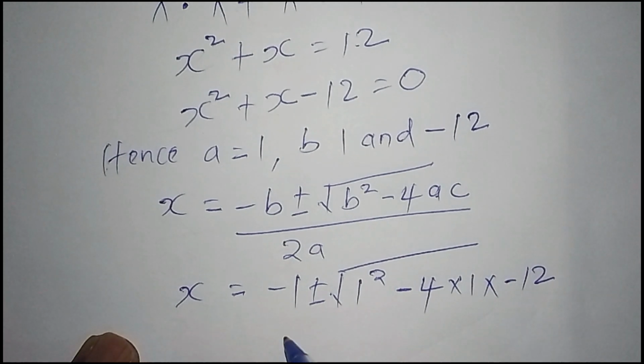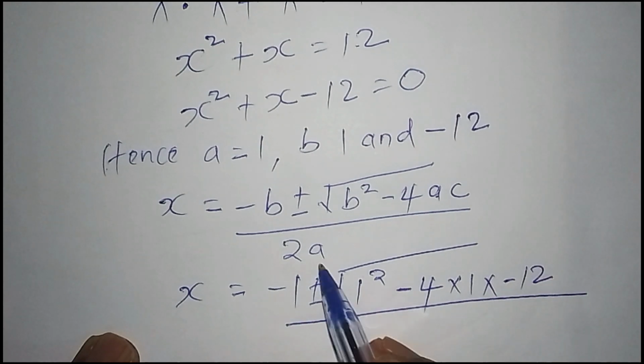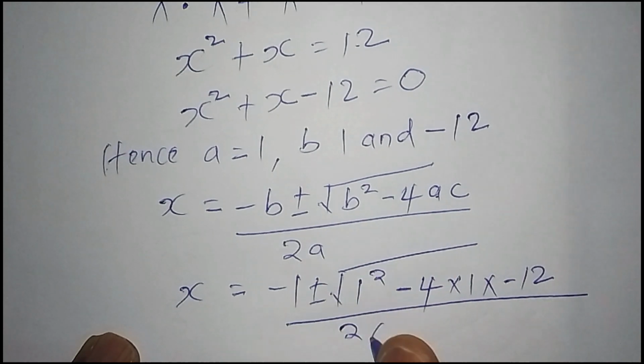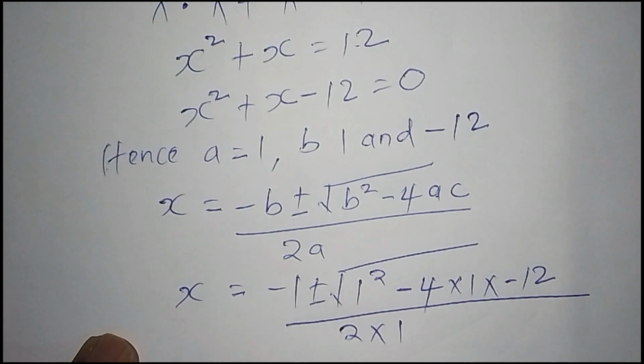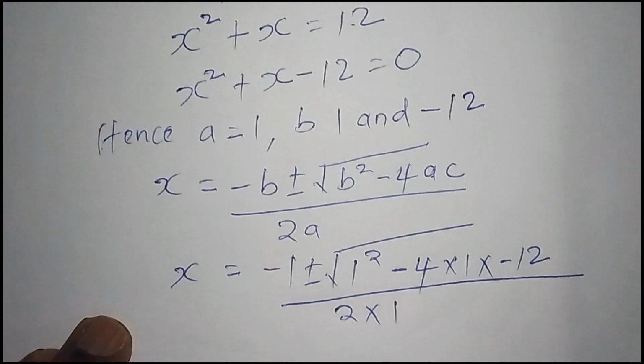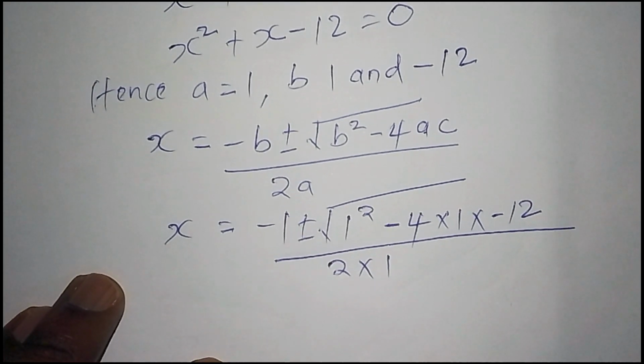So all these ones all over 2a. So our 2 multiplied by a, which was 1. So 2 multiplied by 1. So our next step is to work out all the numbers that we are having.